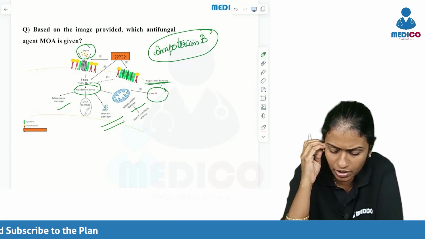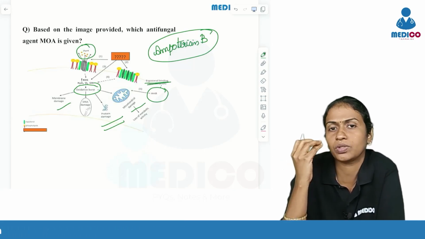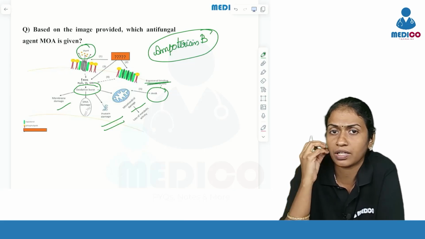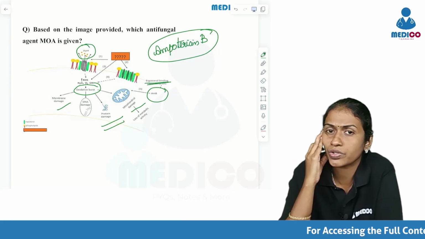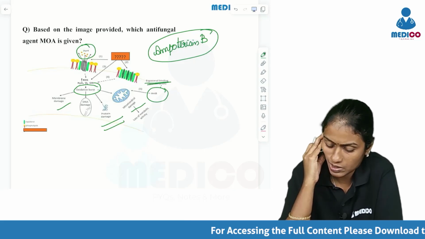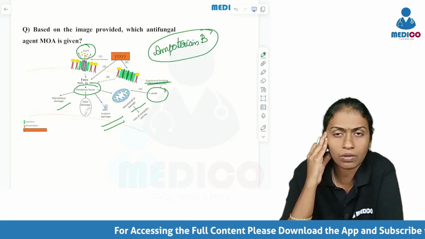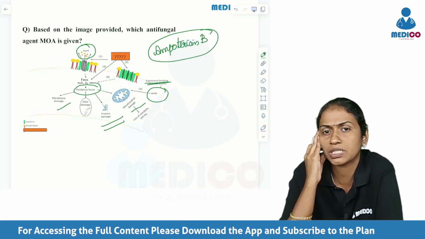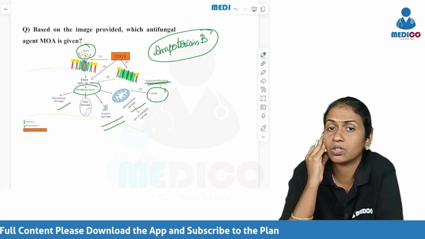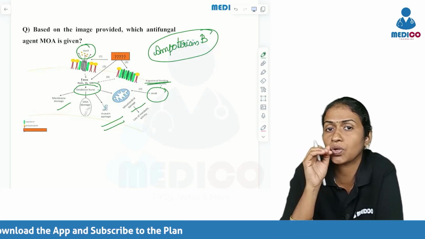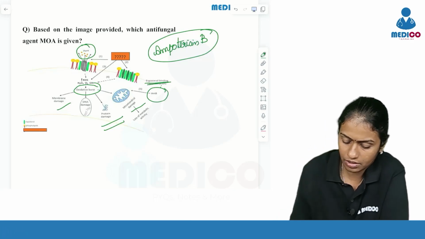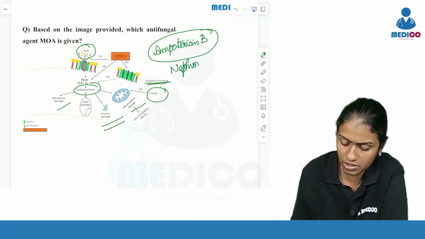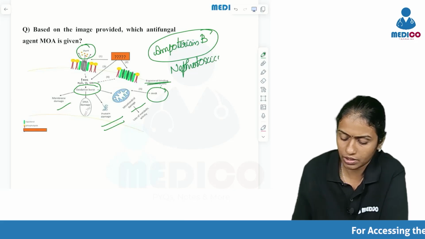It is one of the drugs that we use for treating systemic fungal infections like cryptococcosis, coccidioidomycosis, aspergillosis. Okay, what is the main problem with amphotericin B? It is one of the most nephrotoxic agents, and nephrotoxicity is one major problem with amphotericin.